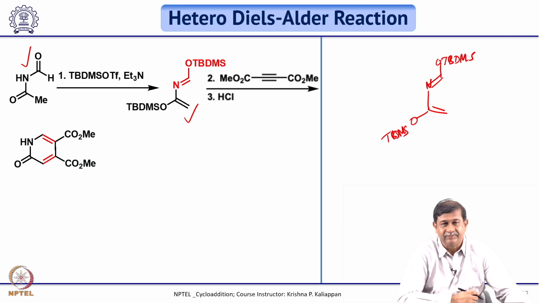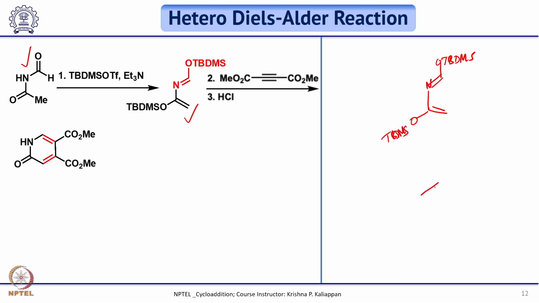Once you have this diene, then it can undergo Diels-Alder reaction with dimethyl acetylene dicarboxylate, and followed by hydrolysis you get this compound. So the Diels-Alder reaction should give you this 4+2 cycloaddition product in the first step.